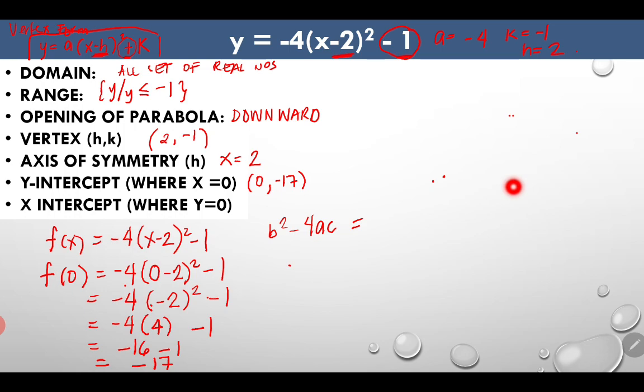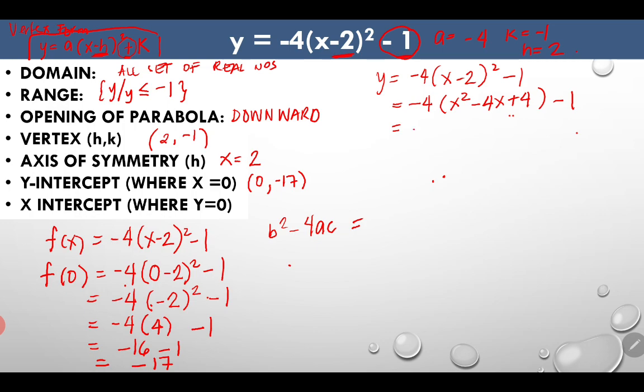Wala. So, standard form muna natin siya. Okay, let us make this vertex form into standard form. So, y is equals to negative 4 times quantity x minus 2 squared minus 1. Okay, so squared the binomial. This becomes x squared minus 4x plus 4, close parenthesis, minus 1.